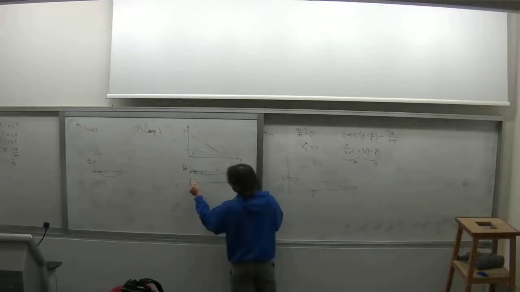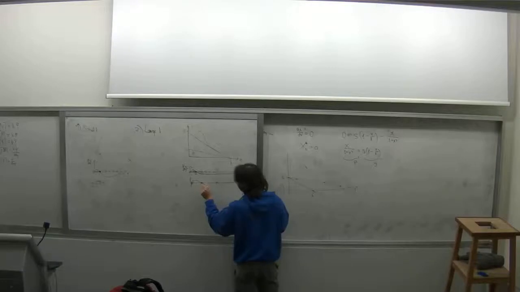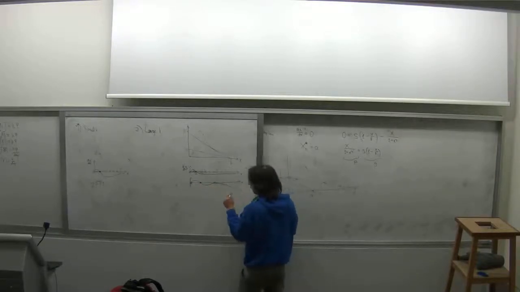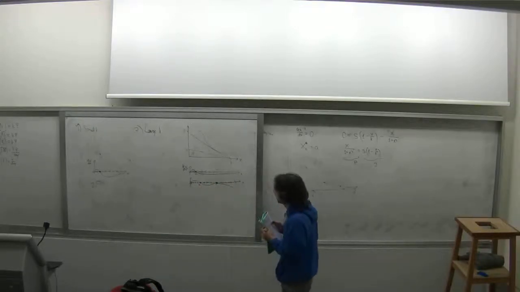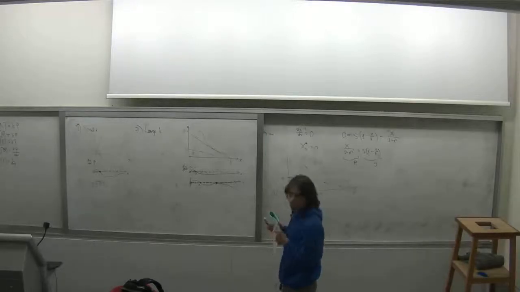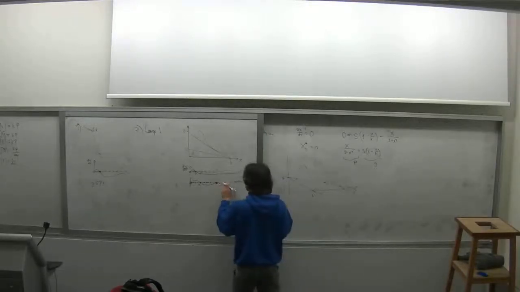If I draw the curve, it will be tangent to the x-axis here. So this is a half-stable fixed point, which I will call B. Well, I won't call it yet.